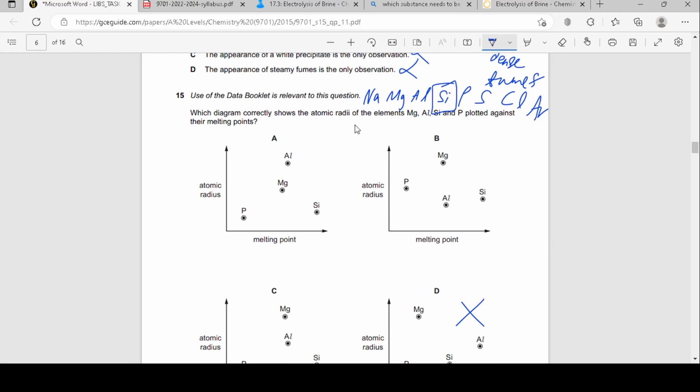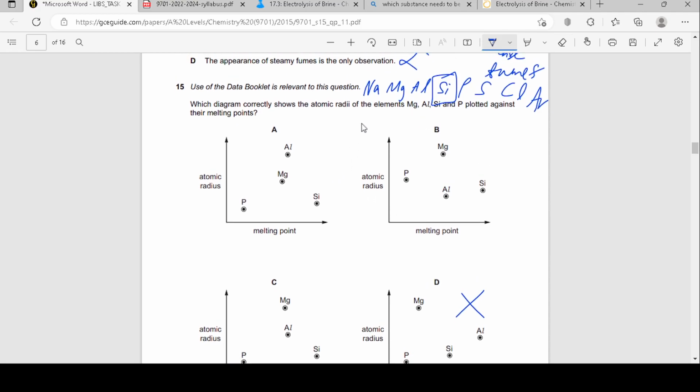Okay, then if you look at the atomic radii, the trend across a period is usually that the atomic radius decreases, right? And even in my data booklet, which is from 2019, magnesium is 0.160 nanometers, and aluminium is 0.143 nanometers.